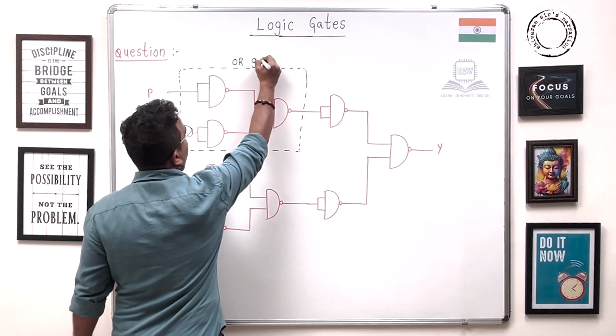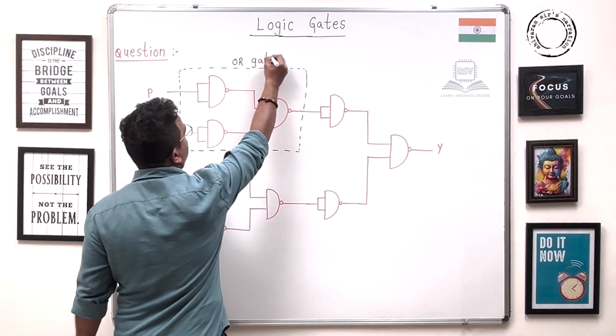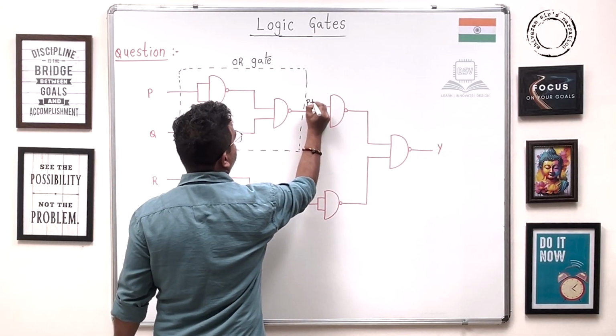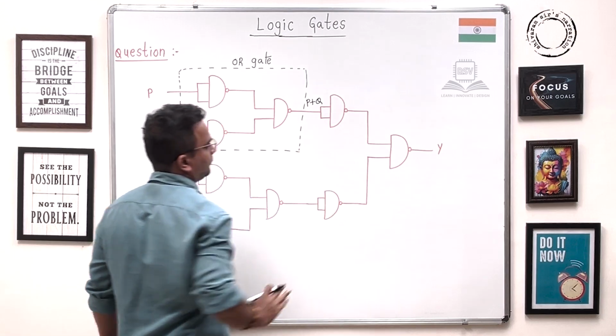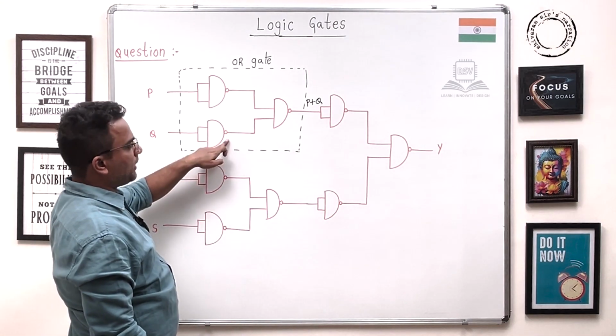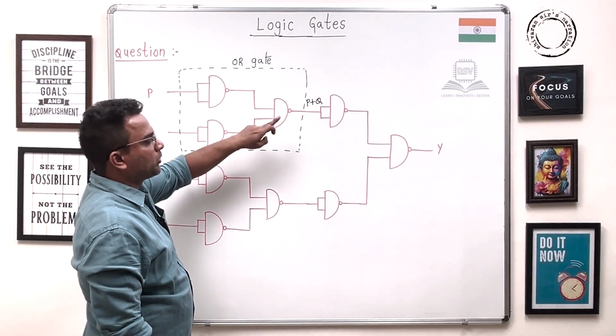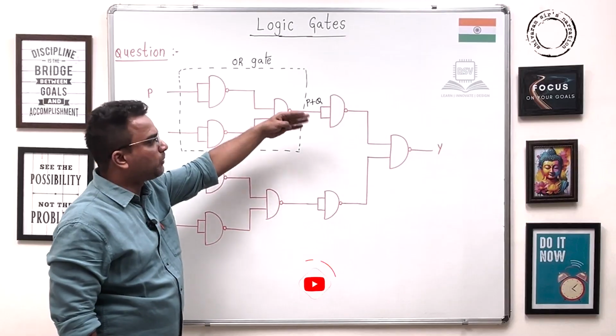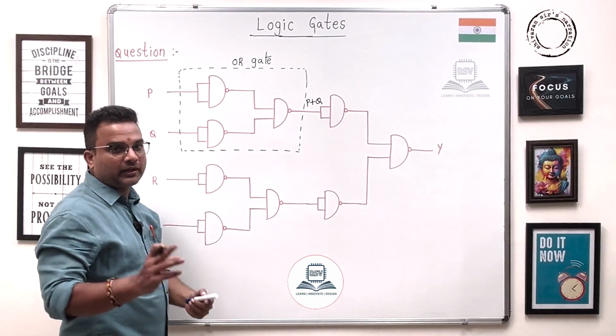This is an OR gate only, isn't it? Yes. Therefore, the output here is P plus Q. If you go in detail, this is P bar, Q bar, P bar into Q bar, whole bar. You will get P bar whole bar plus Q bar whole bar, which is P plus Q only.